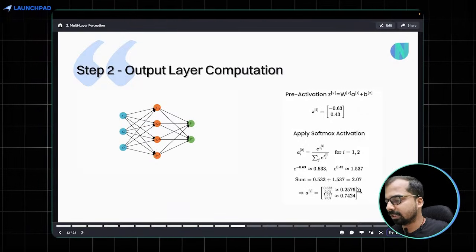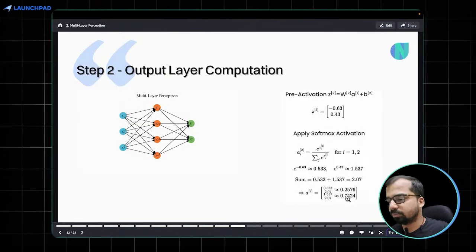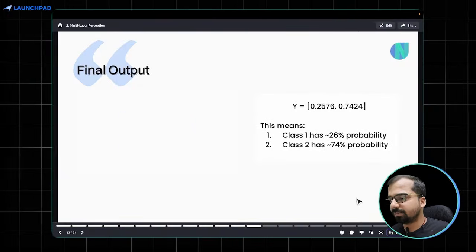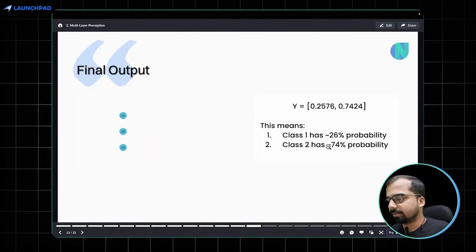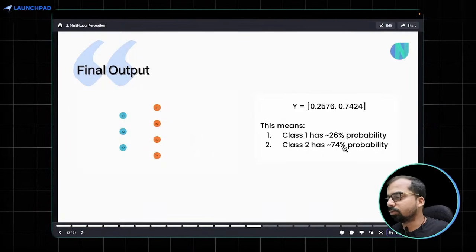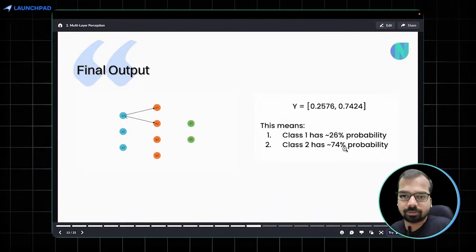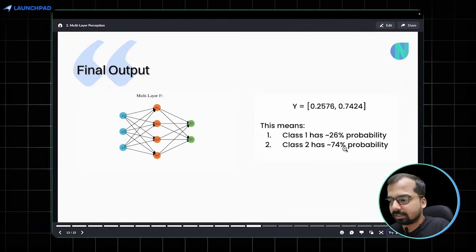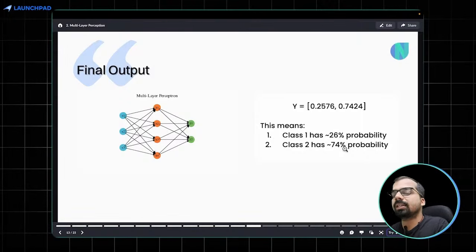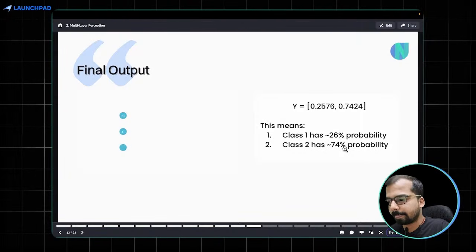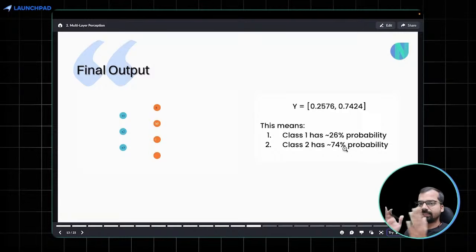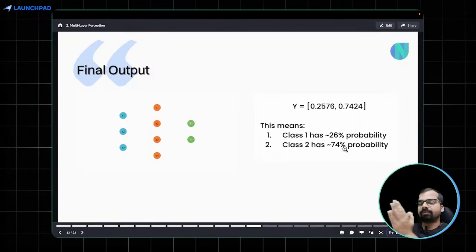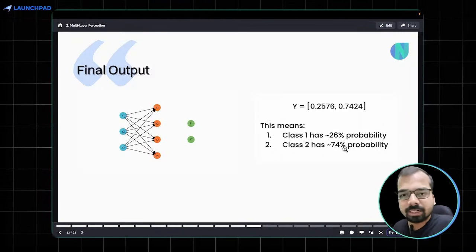So here we have got 0.2576 and 0.7424. This basically tells us that for this input, class 2 has a probability of 74%. So it has a higher chance. So the final answer for this input might be class 2. All right. So this is the forward passing of information from left to the right of a multi-layer perceptron.